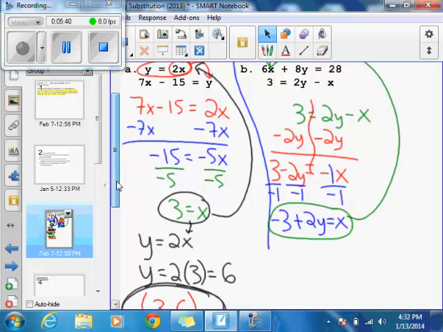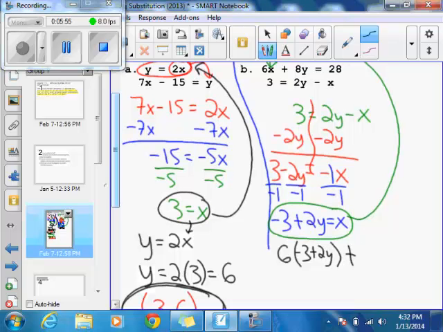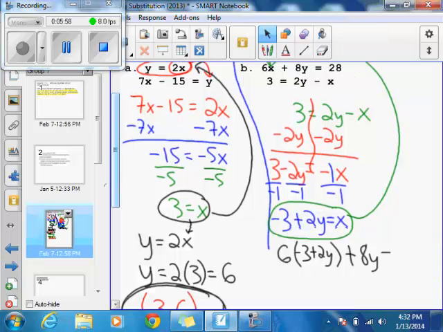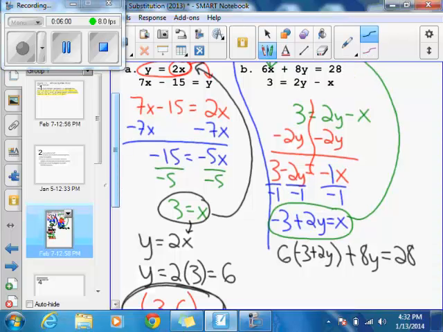The first equation said 6, and then x. So instead of x in parentheses, we're going to replace it with negative 3 plus 2y. And then after 6x, it says plus 8y. So I'm going to write plus 8y. Again, we're using that top equation. Equals 28.